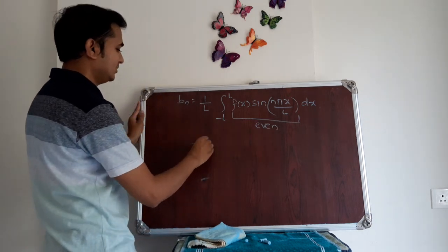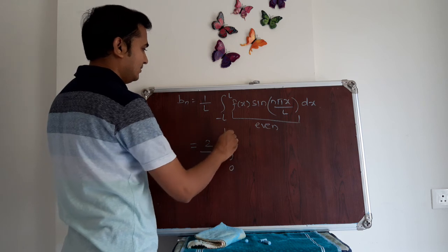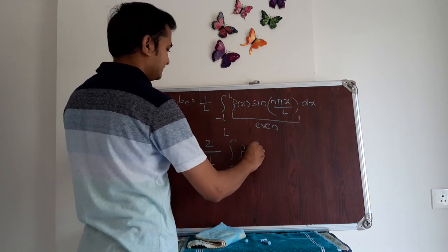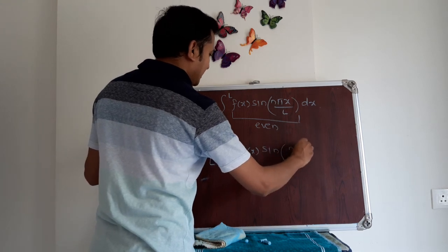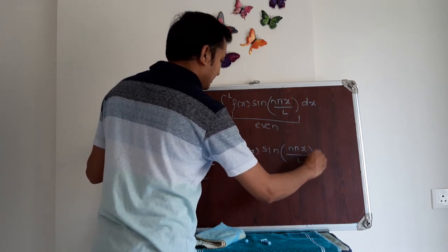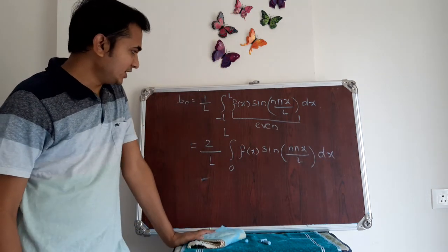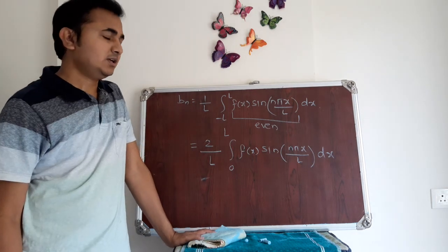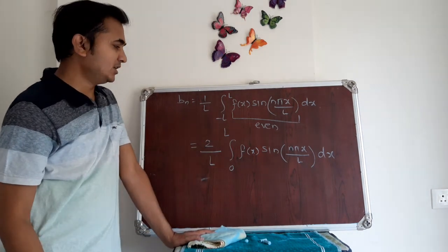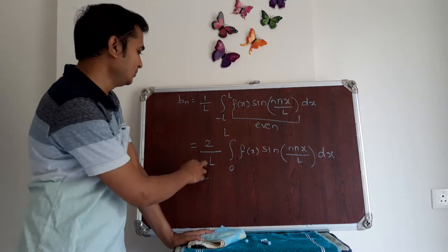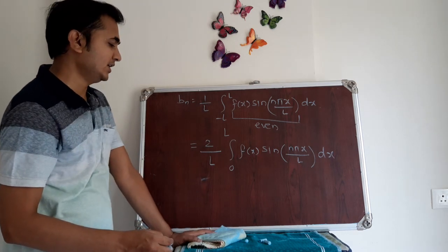So this integration becomes 2 times 0 to L f of x sin n pi x upon L dx. So in case of an odd function defined in minus L to L, a naught and an become 0, and bn becomes 2 by L, 0 to L, f of x sin n pi x by L dx.